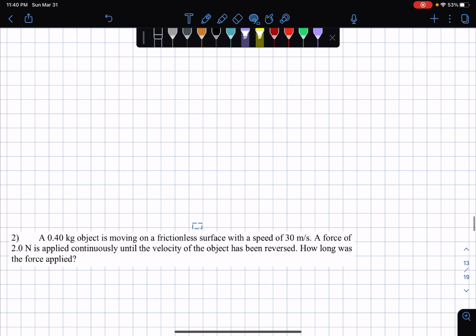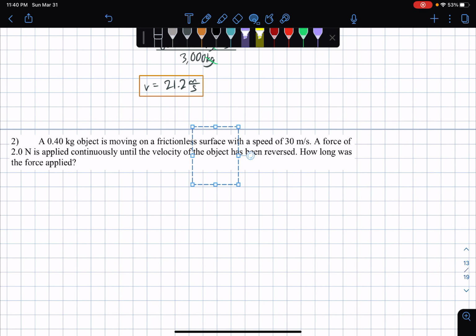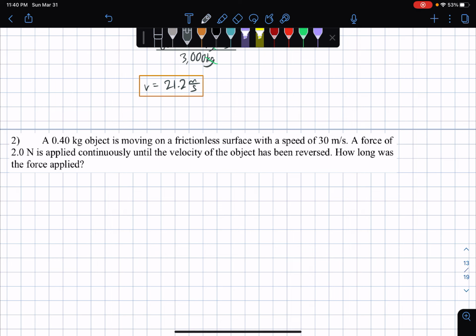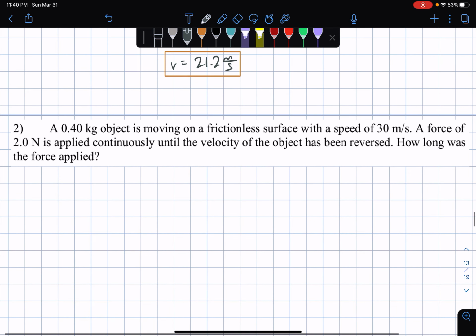Okay, number 2. A 0.40 kilogram object is moving on a frictionless surface with a speed of 30 meters per second. A force of 2 newtons is applied continuously until the velocity of the object has been reversed.